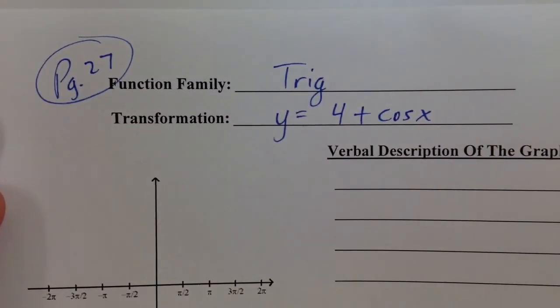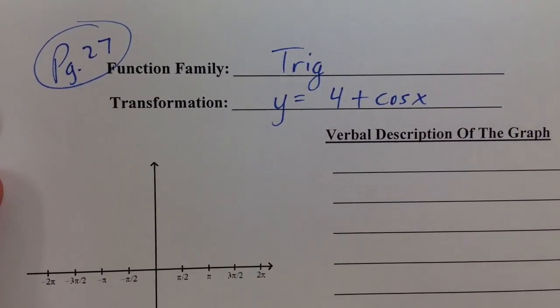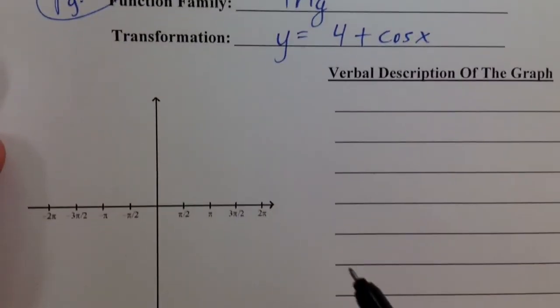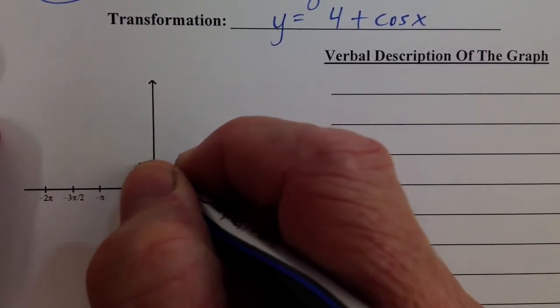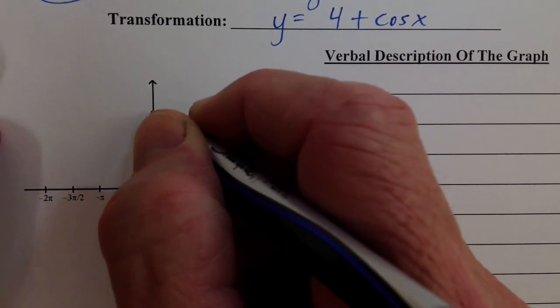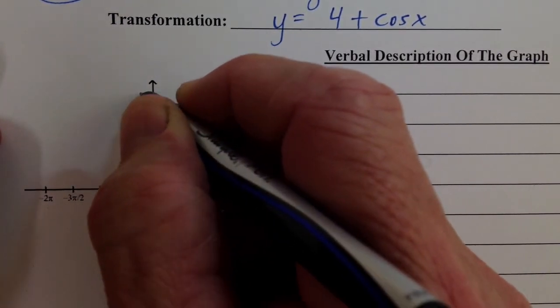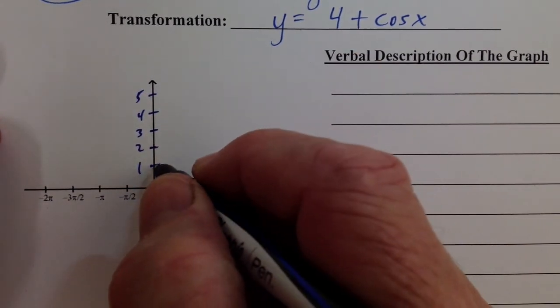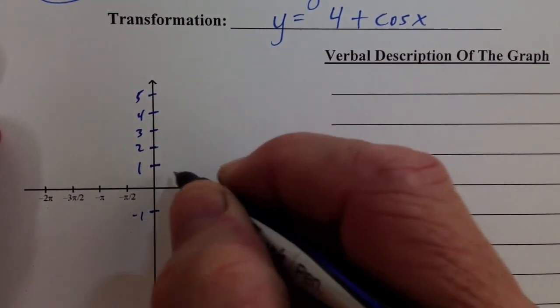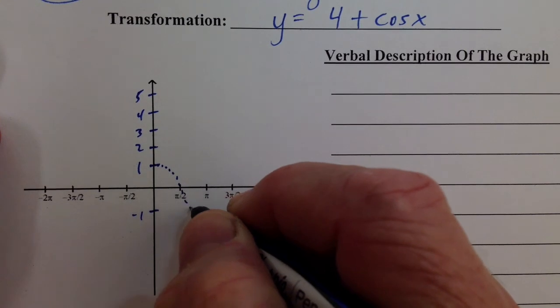Cruising right along here, we've got page number 27, and that's our trigonometric transformation of the cosine function. I'm going to put the 1 down here a little bit because I know I'm going to go up 1, 2, 3, 4. And the cosine graph looks like this.